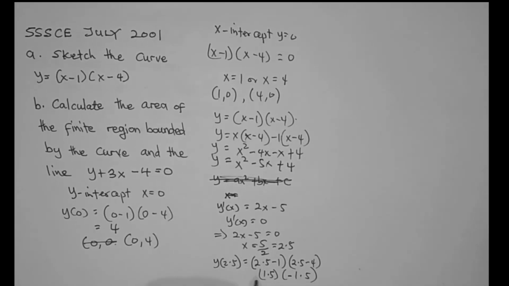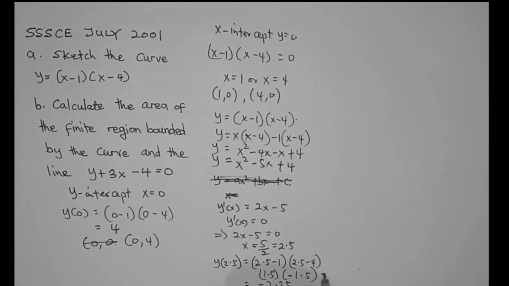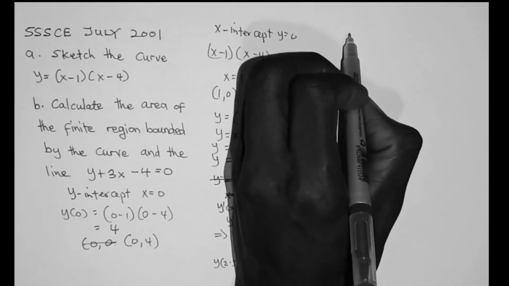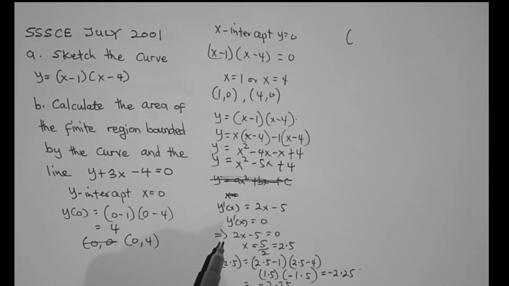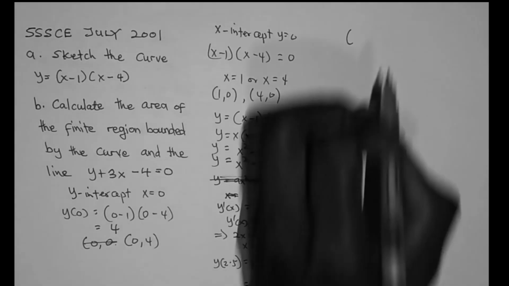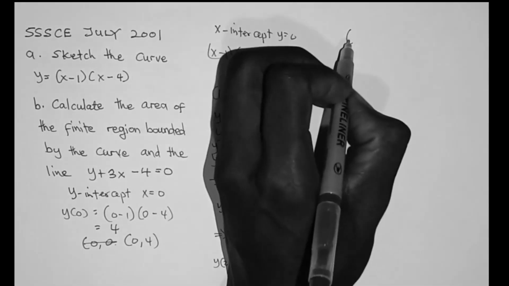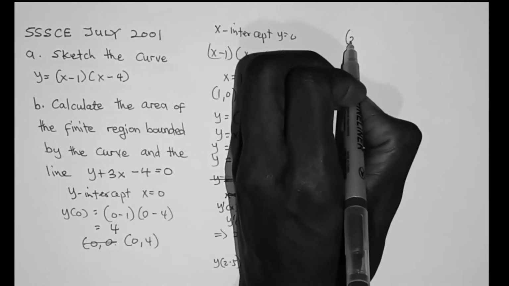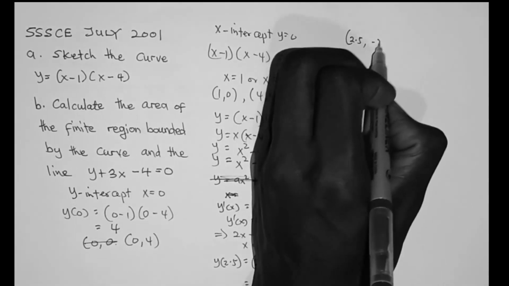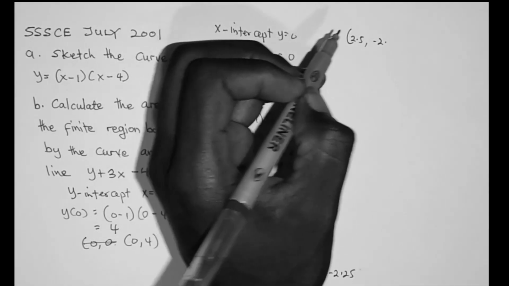So 1.5 times minus 1.5 is equal to minus 2.25. And therefore we also have the point (2.5, minus 2.25).